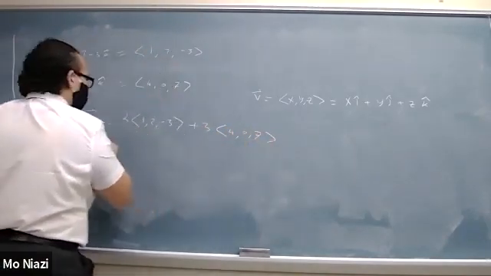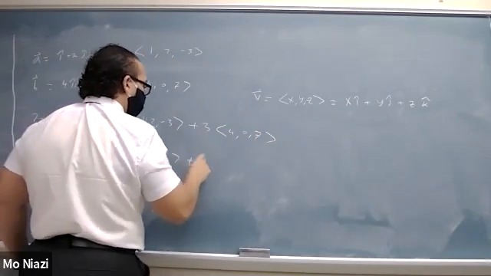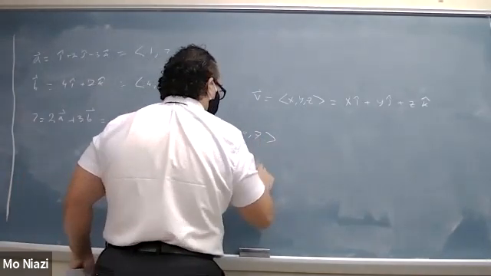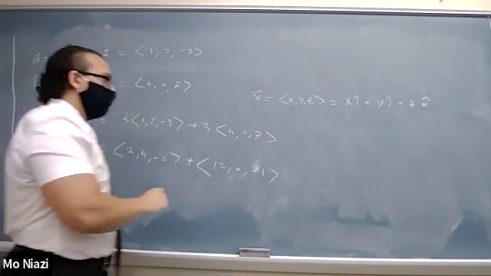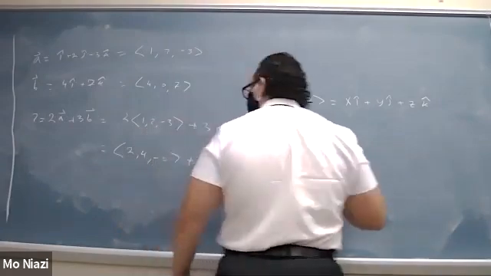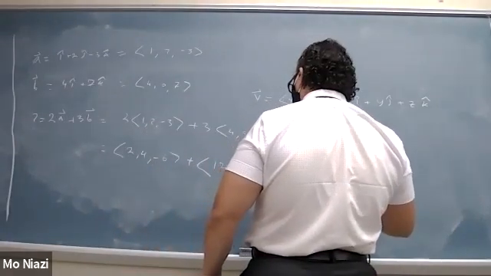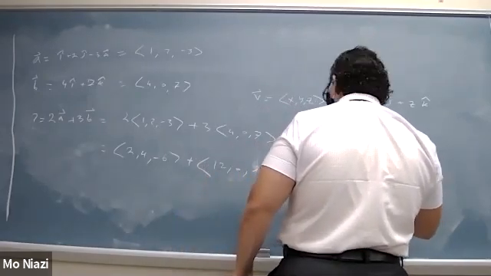And by the vector axioms, we know that a scalar distributes. Boom. And then you just add them component-wise. So this becomes 14, 4, and 15.